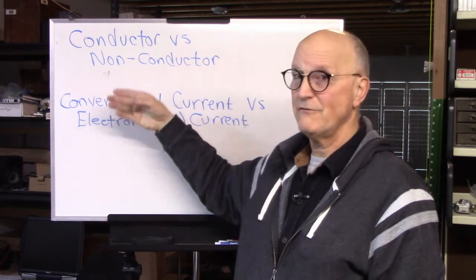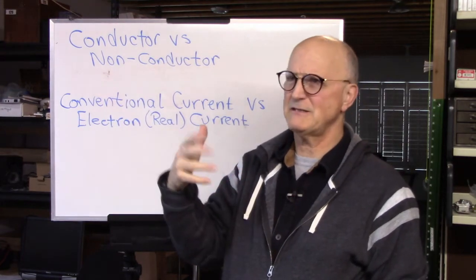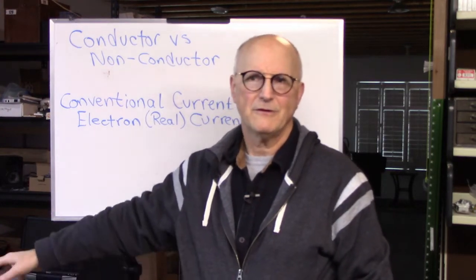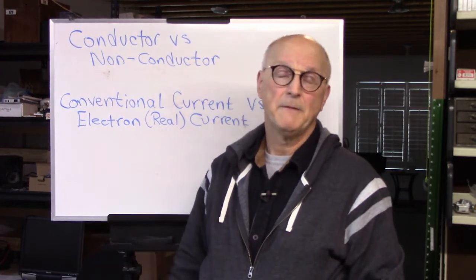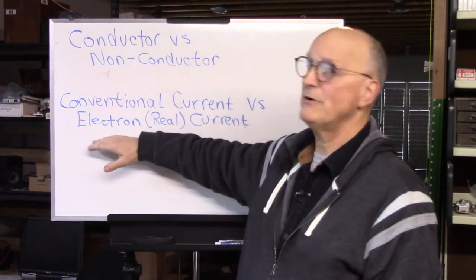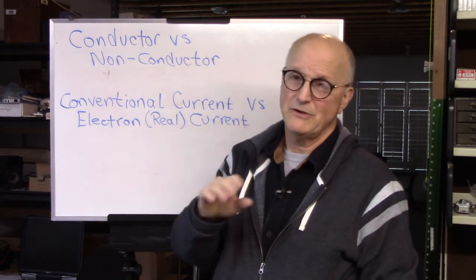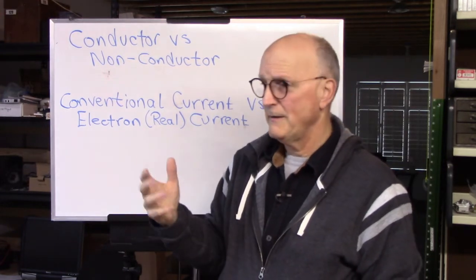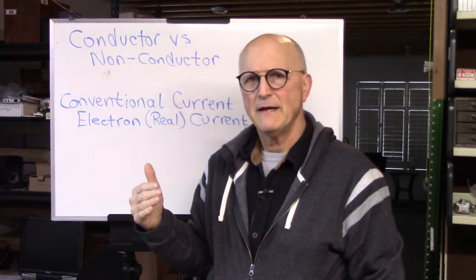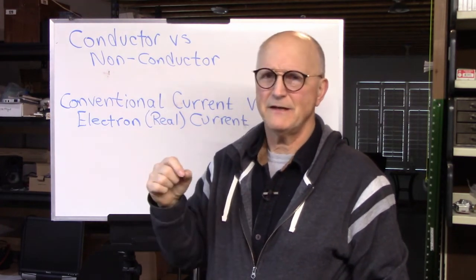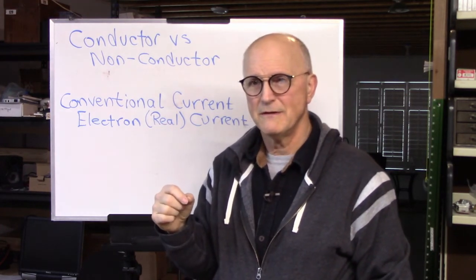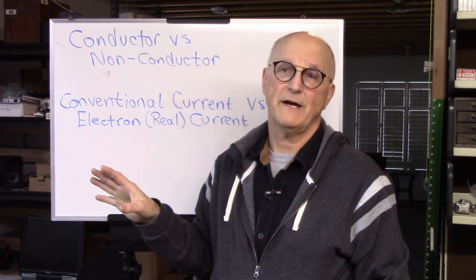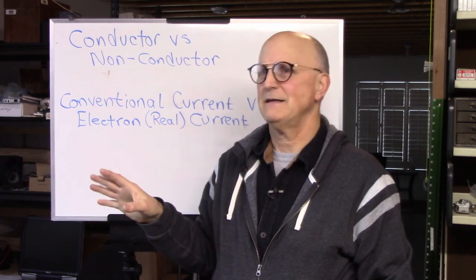Whether we want to use conventional current because it makes more sense, thinking of the water flowing downhill into the lower pond, or whether we want to be a purist and say that it's electron current, we've got to go the other way. It doesn't matter. As long as you are consistent in the convention that you choose, your calculations will all come out the same either way. So no, it doesn't really matter.